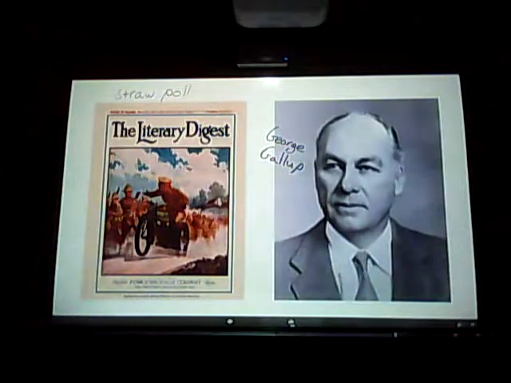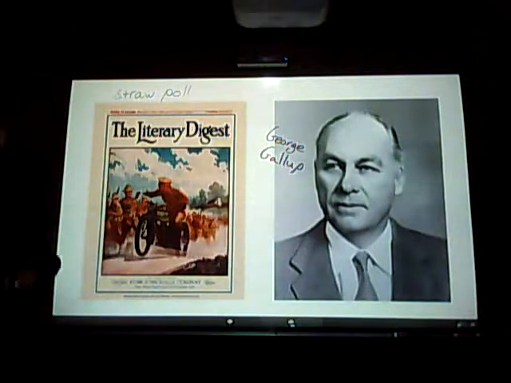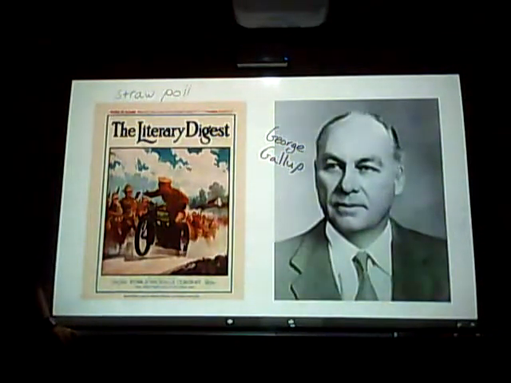Let's say that again. A straw poll is an informal method of gathering opinions, usually done by counting hands or some other simple method.